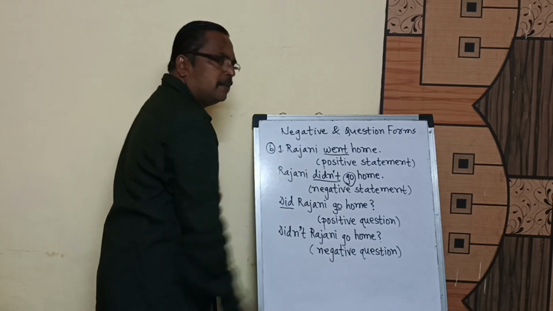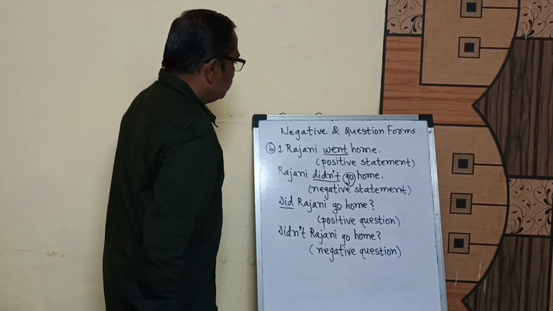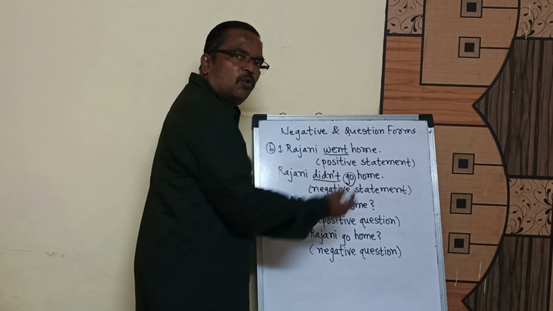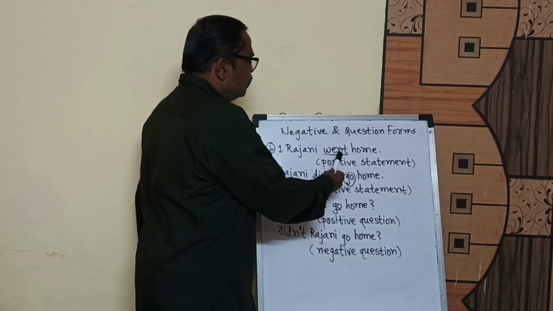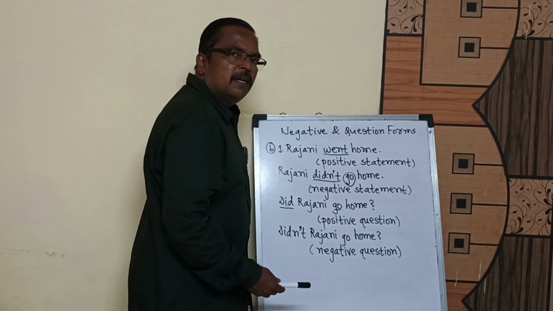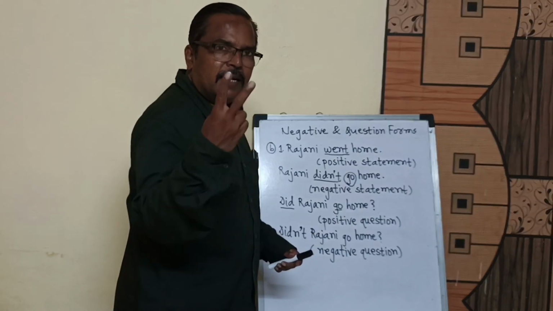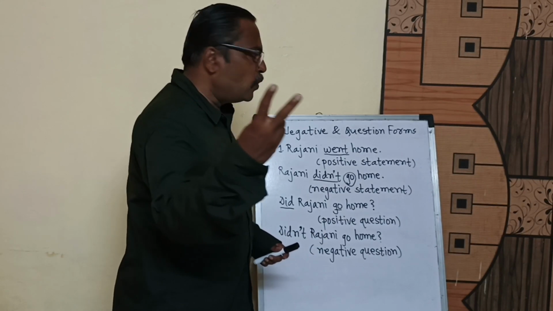Let's understand once again. The positive statement is Rajni went home. The main verb in this sentence is went. It is in past tense, that is, it is in V2 form.